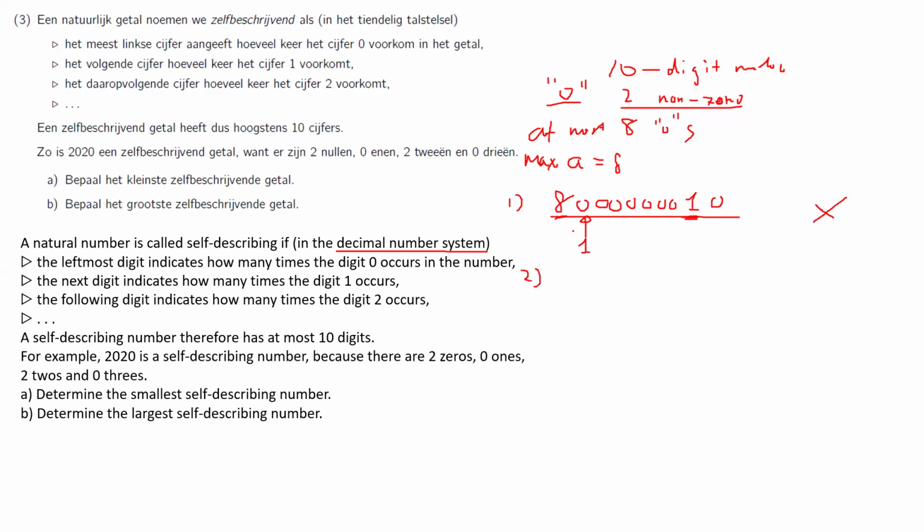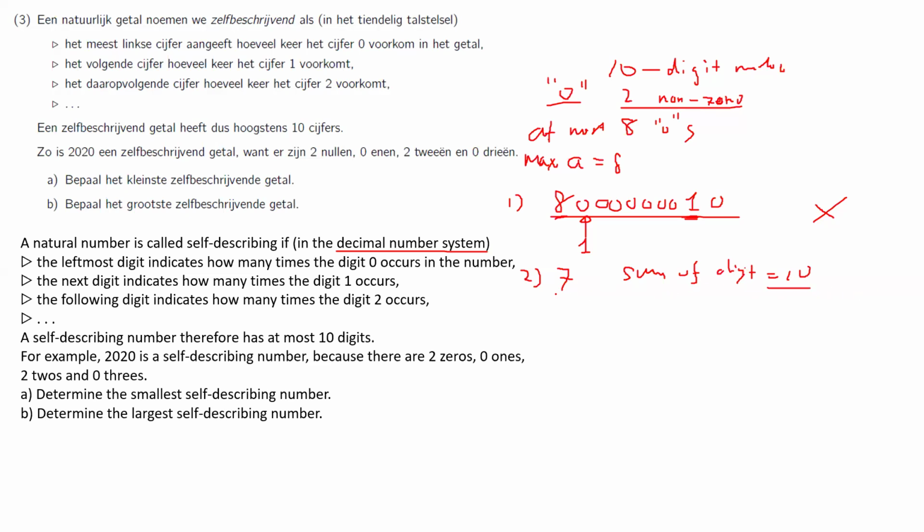And if A is 7, so if we start with 7, we know the sum of all the digits must be 10, because we have 10-digit numbers, right? So the sum of the digits must be 10.